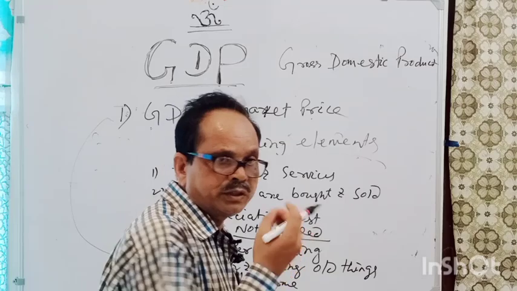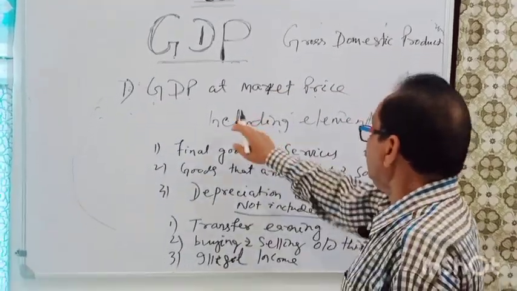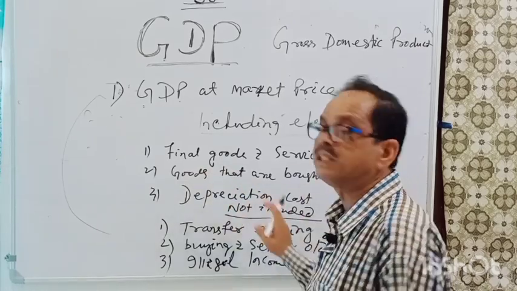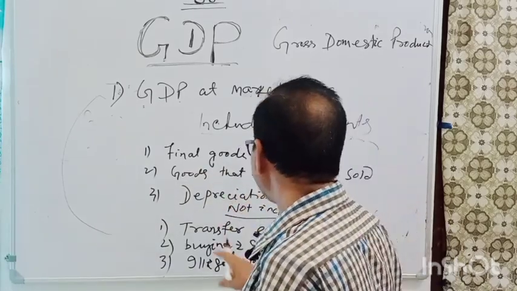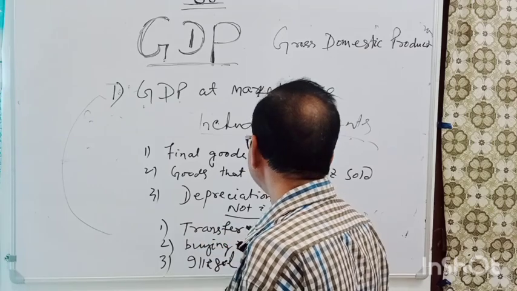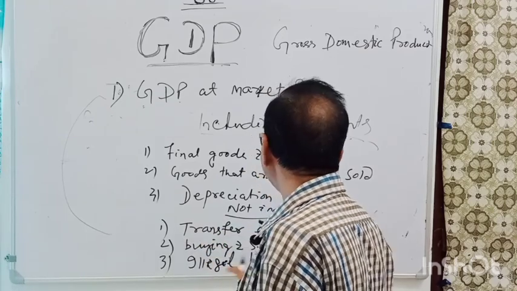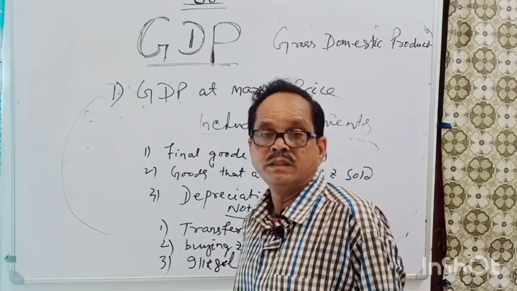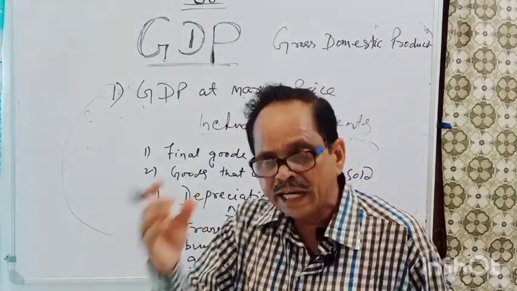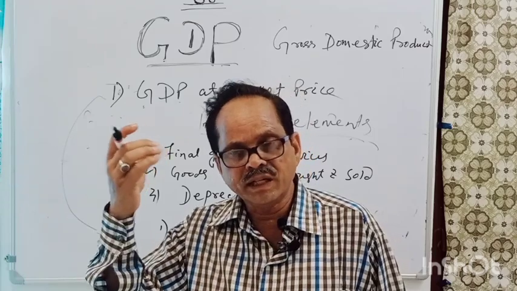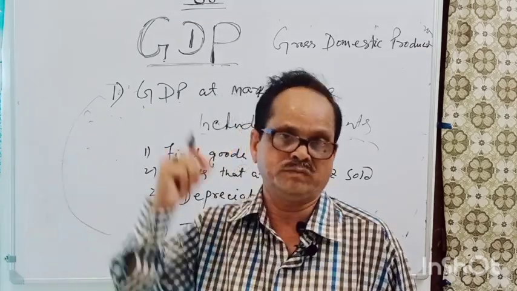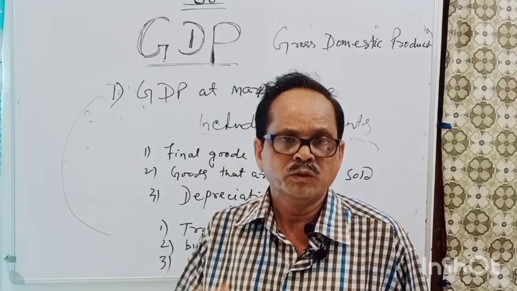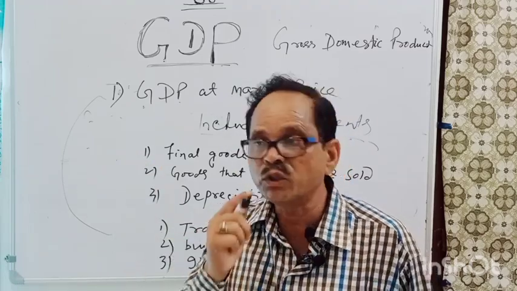These are the important things I am discussing. Included elements are final goods and services, goods that are bought and sold, and depreciation cost. Elements not included are transfer earning, buying and selling of old things, and illegal income. What is transfer earning? Transfer earning means earning from any source without any labor.